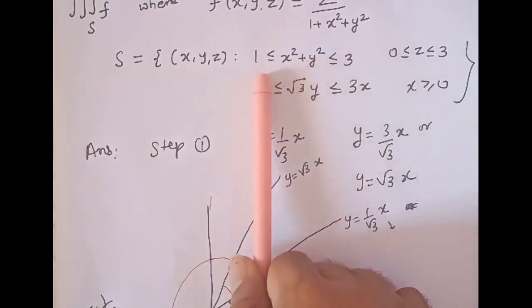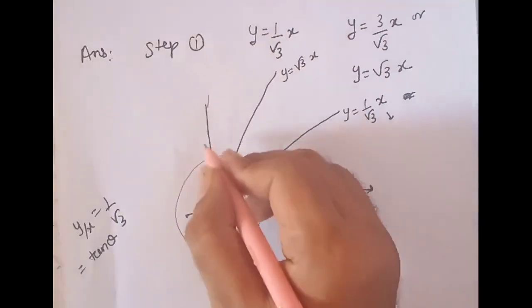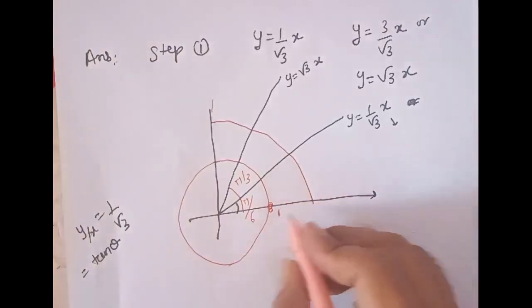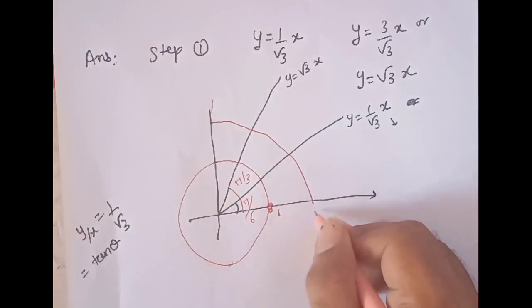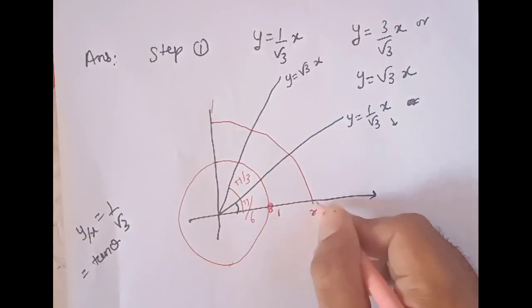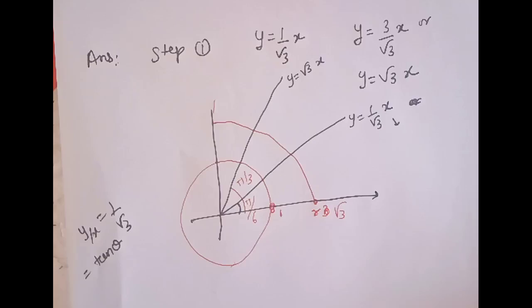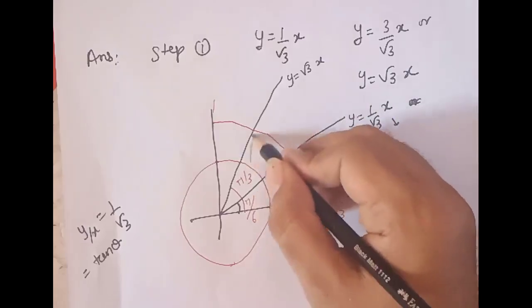So this is x square plus y square equal to 1, and x square plus y square equal to 3. That means the other circle will be something like this. Obviously in the first quadrant only, we are looking at the positive side of x. So that is the circle with radius square root of 3. Alright, so therefore in the base we have this region for integrating.